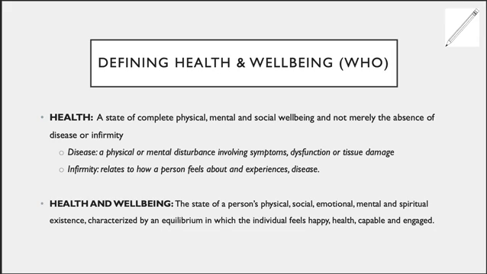And because we use the word well-being when we're defining health, we now need to define health and well-being together, which is the state of a person's physical, social, emotional, mental, and spiritual, the 5 dimensions of existence, characterized by an equilibrium, meaning entire state of balance, in which the individual feels happy, healthy, capable, and engaged.